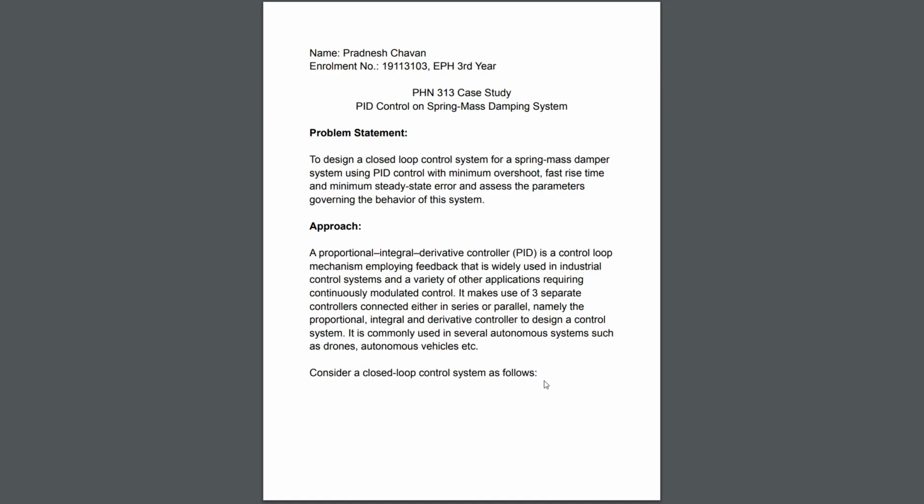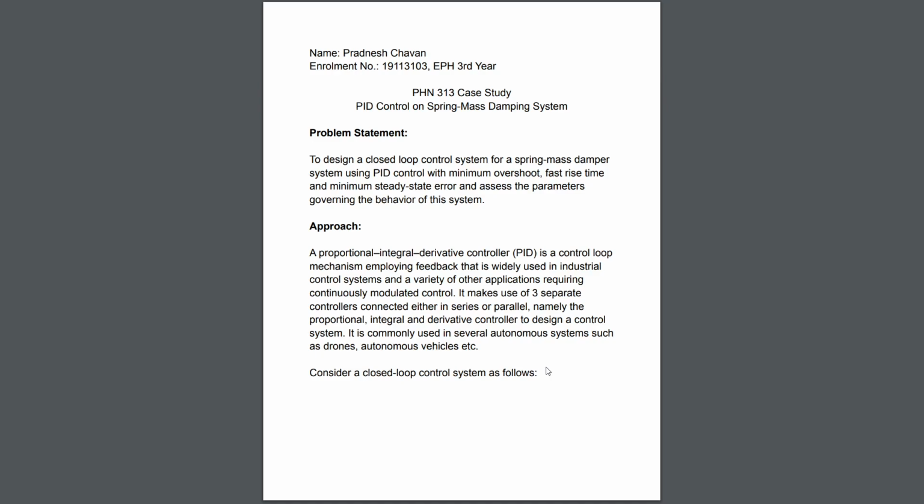So it makes use of three separate controllers connected either in series or parallel, namely the proportional, integral and the derivative controller, to design a control system. It is commonly used in several autonomous systems such as drones, autonomous vehicles, etc. And today we'll be studying the application of this PID control on a spring mass damping system.